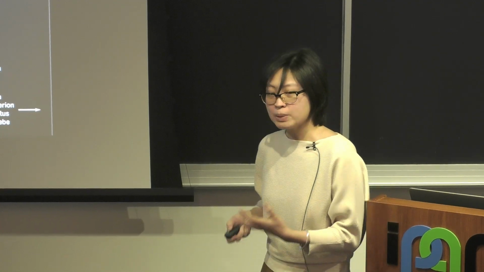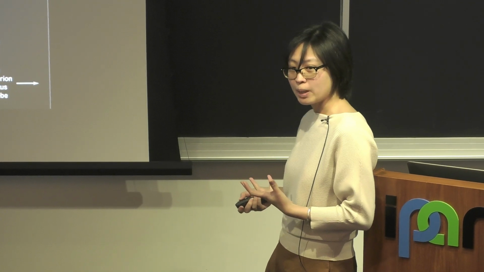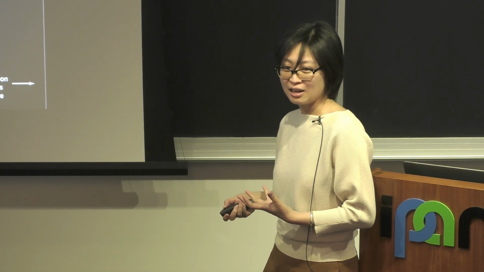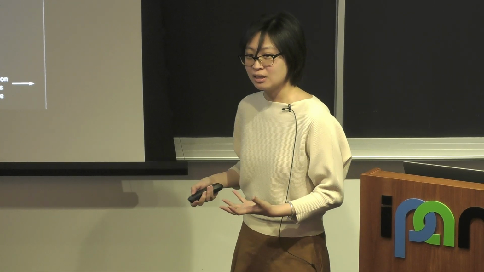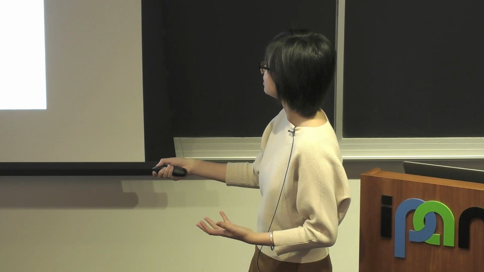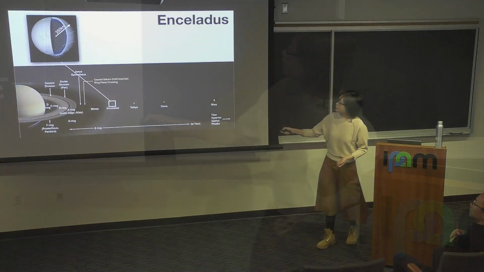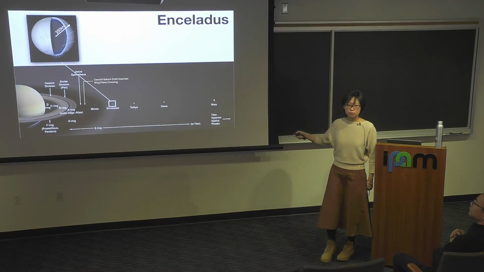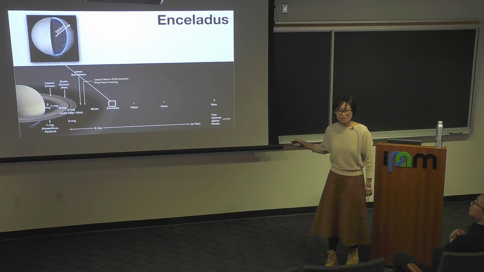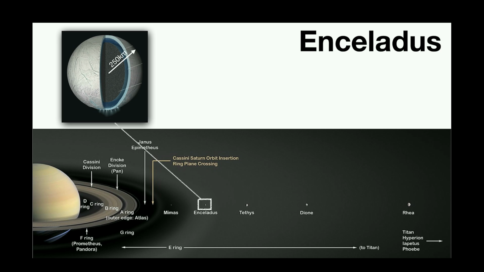Okay, so the big puzzle here is really, why does this system have so much energy in it? What keeps the ocean from freezing? Enceladus has a radius of only 250 kilometers.